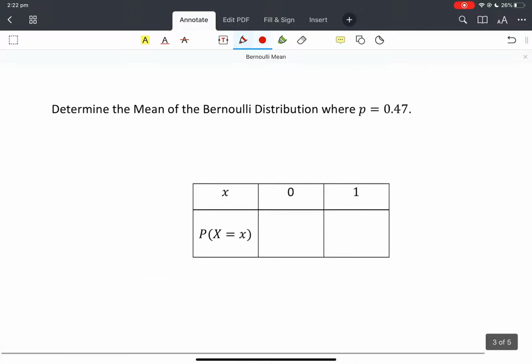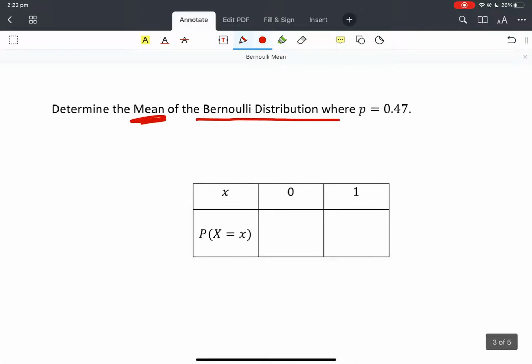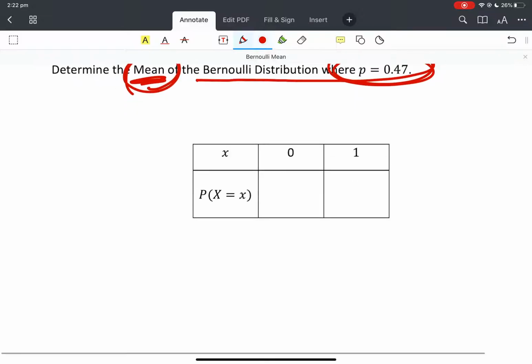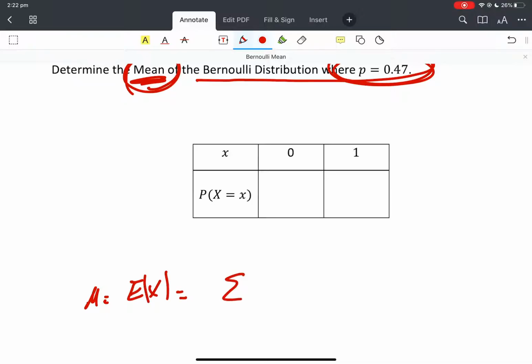Okay. Determine the mean of a Bernoulli distribution where p is 0.47. So you've got mean. That's a rule. The mean is the expected value, is the sum of p_i x_i.